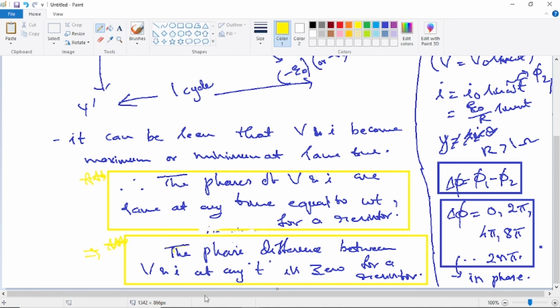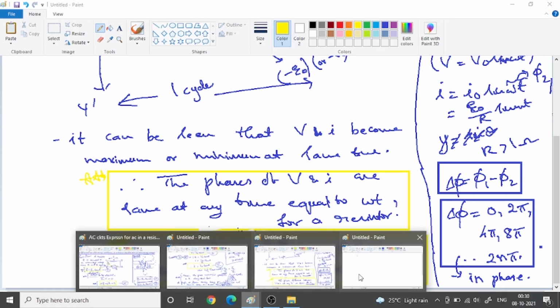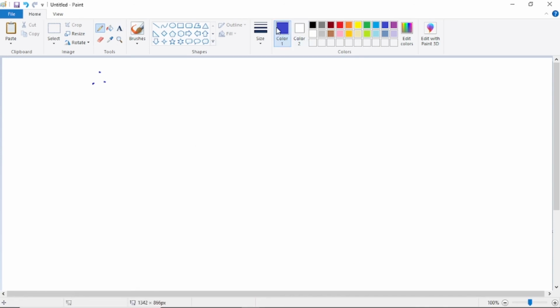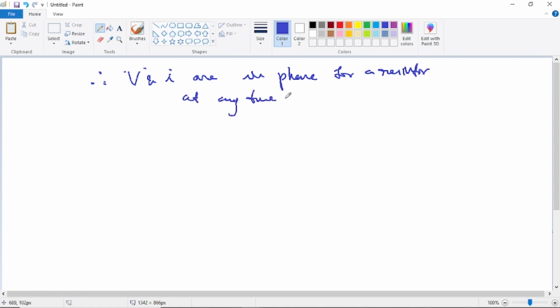So next, now we'll go to the next page. Therefore, V and I are in phase for a resistor at any time t.